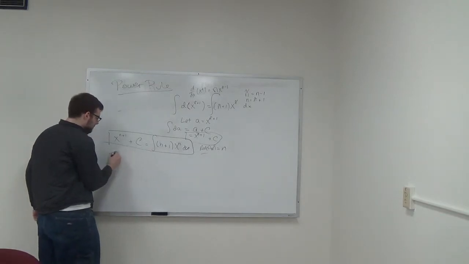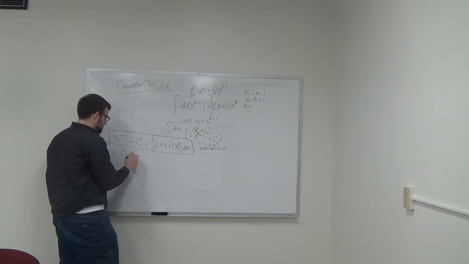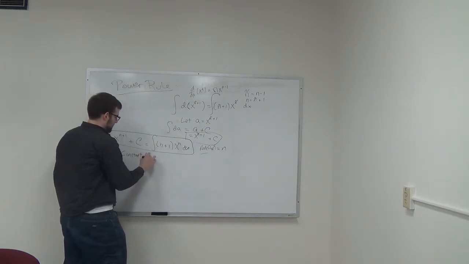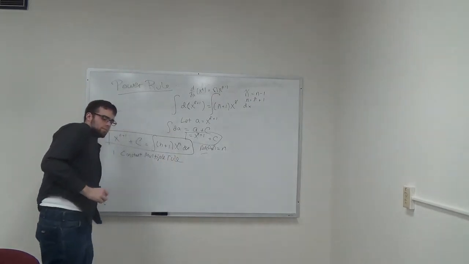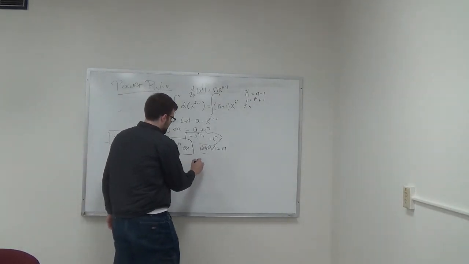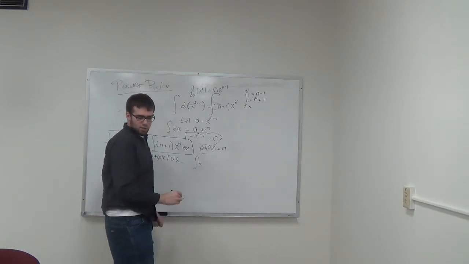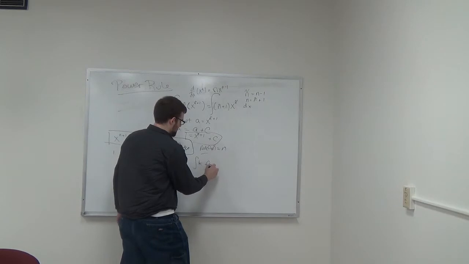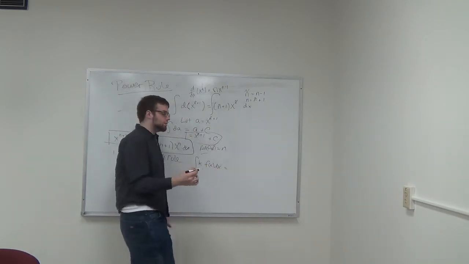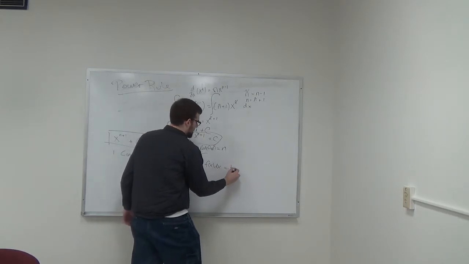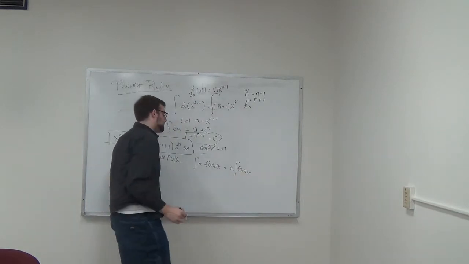So the first rule is the constant multiple rule. Using this constant multiple rule, as long as we have a constant k times f of x dx, that is essentially the same as saying k times the integral of f of x dx.